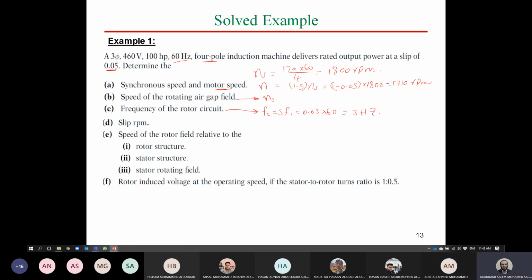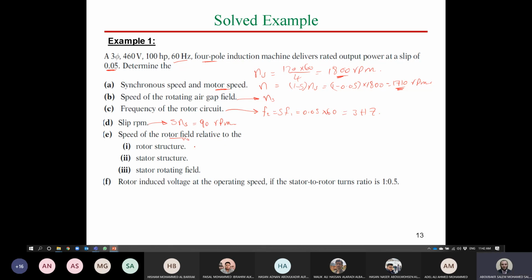Number D, slip in RPM. What is the slip in RPM now, guys? We can say S NS, right? Which is the difference between rotor speed and synchronous speed. So we can say it's 90 RPM. Type here, speed of rotor field relative to it means relative speed. But we know that speed of any field is NS.